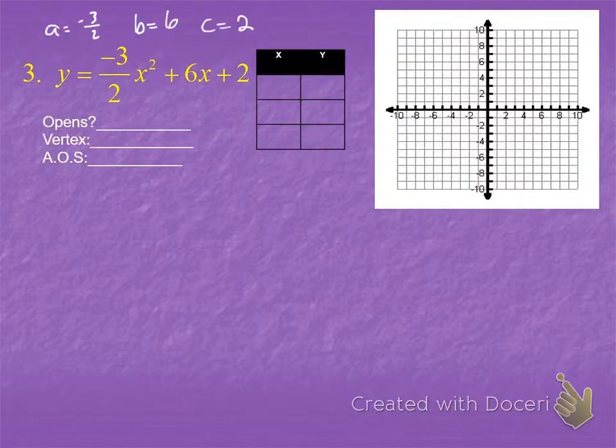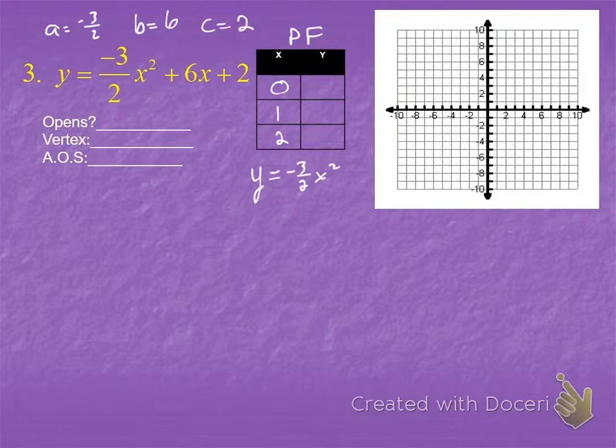Okay? Now, let's create our parent function really quick. Parent function is going to look like y equals negative 3/2 x squared, right? It's the adjusted parent function. We're going to use a. Now, normally I would want to use 0, 1, and 2.